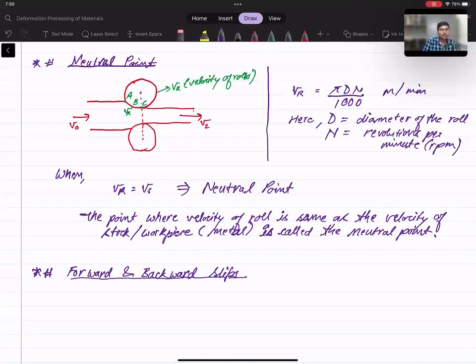The percentage backward slip can be defined in terms of the roll velocity and the stock or workpiece velocity. It is given as the difference between the roll and the stock velocity.